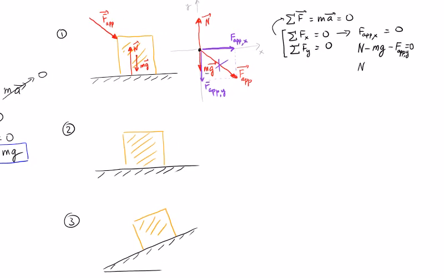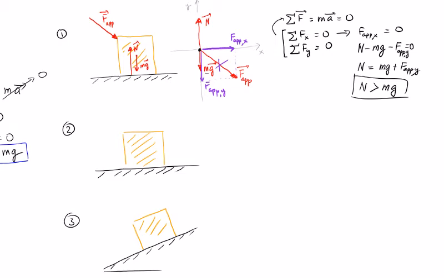From here, I can find the normal force equals mg plus F applied y, which means the normal force is actually greater than mg in this situation, not equal. It's very important to understand.